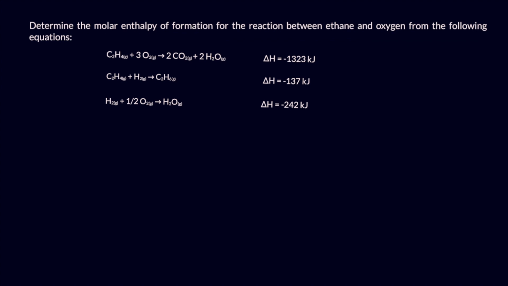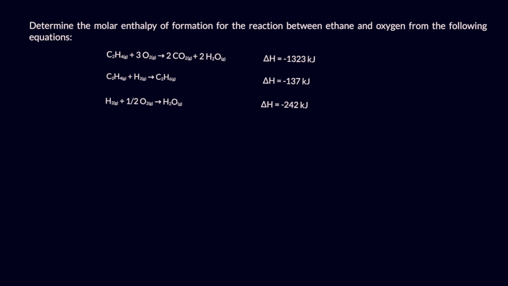Right, let's move on to the third question. Determine the molar enthalpy of formation for the reaction between ethane and oxygen from the following equation. So basically this is Hess's law. So what you need to do is use all of these equations until you get your target equation.